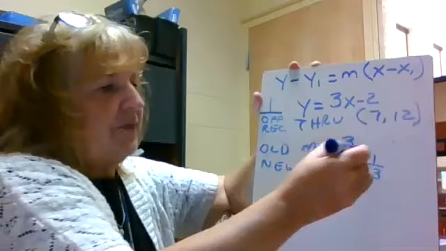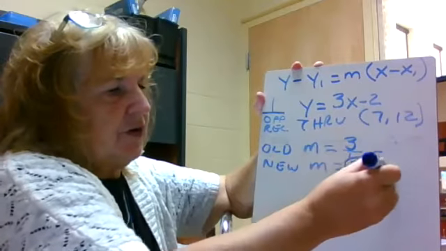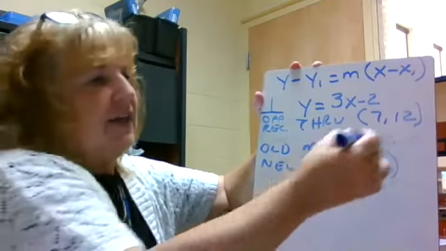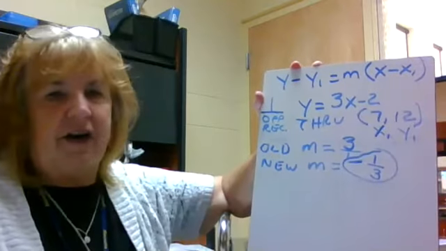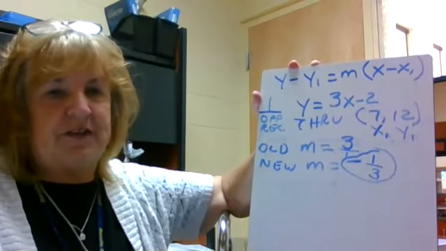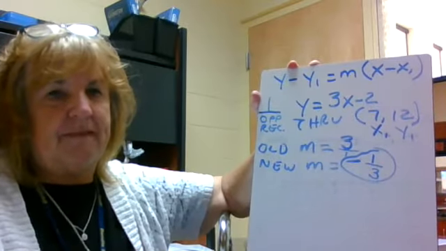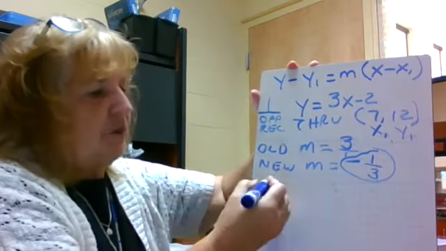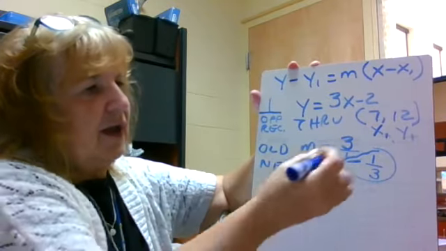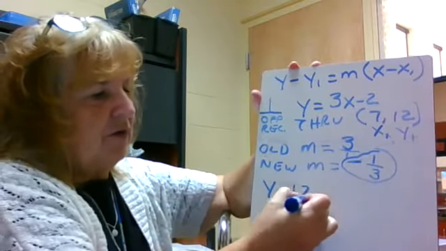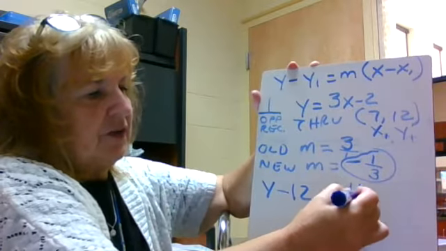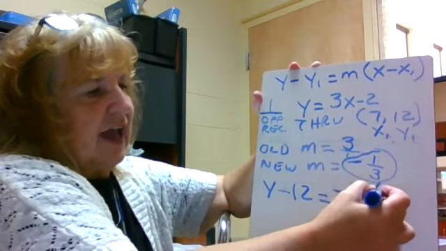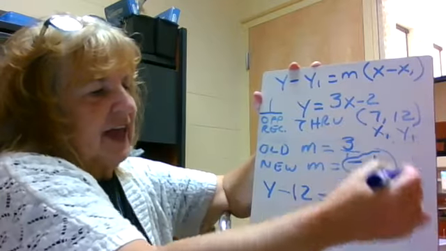So here we go. This is the slope you're going to use. This is your x1, y1 because it has to go through that specific point. So here we go. You leave the y alone. Y minus y1, which is 12, equals m, which is negative 1/3, times x minus x1.